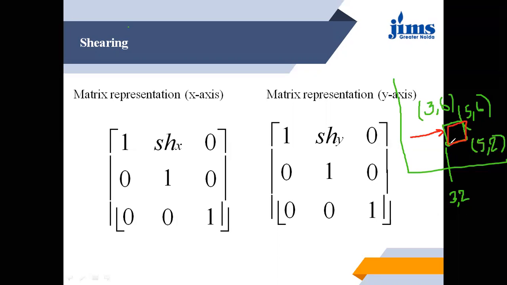So it's clear from here that the y distance is the same at this point. Only the value of x is going to be changed. If we try to find out the final values in the same way as we did in the last slides, then the final point will be this line multiplied by this.